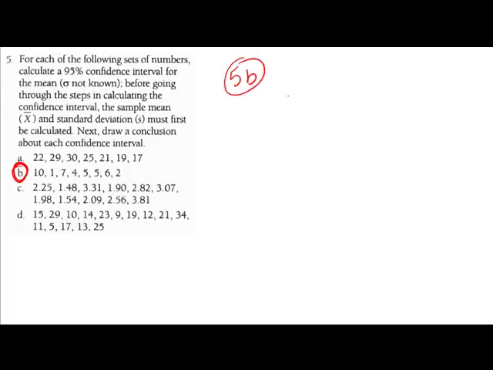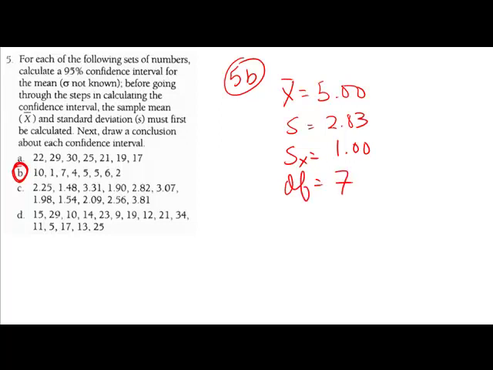And when you come back, x bar equals 5.00, s equals 2.83, s of x equals 1.00. There were 7 degrees of freedom. Your value of t is 2.365.